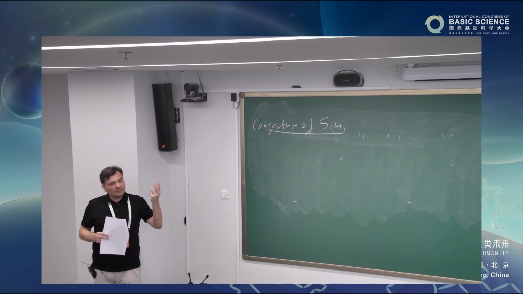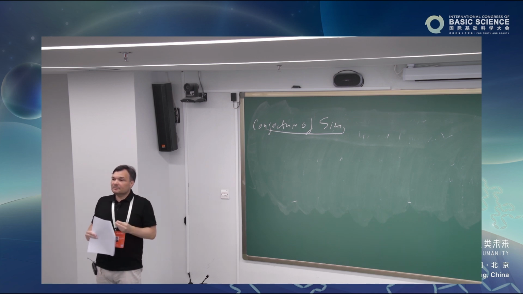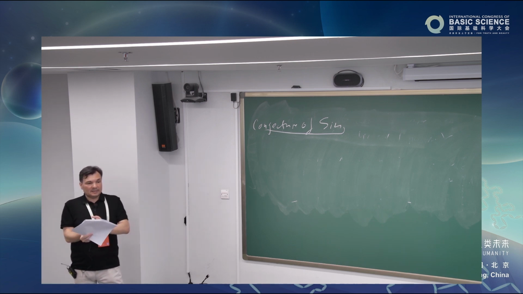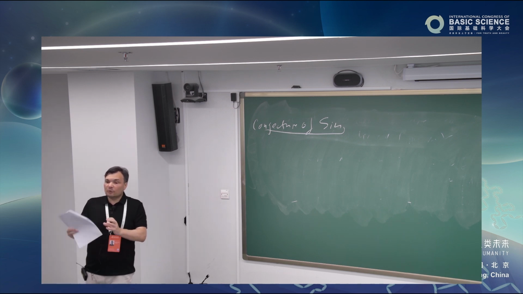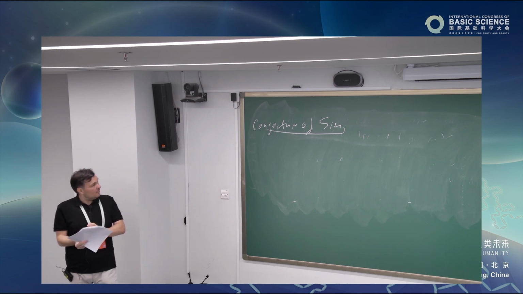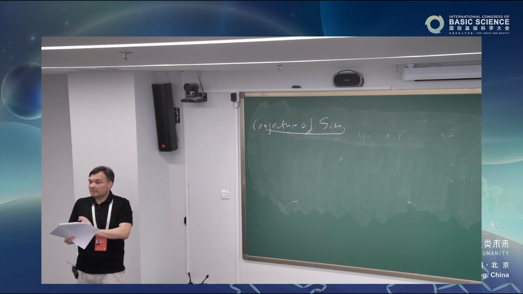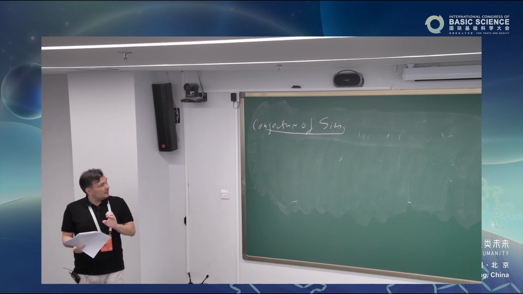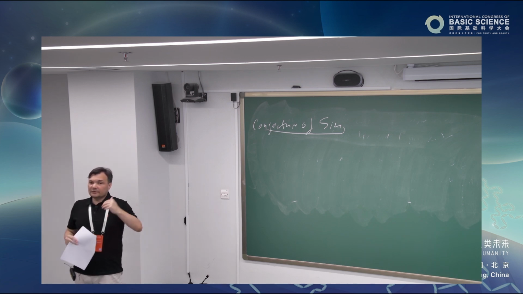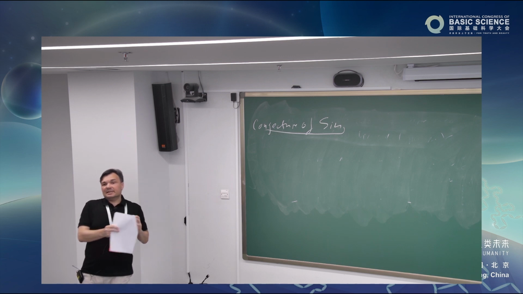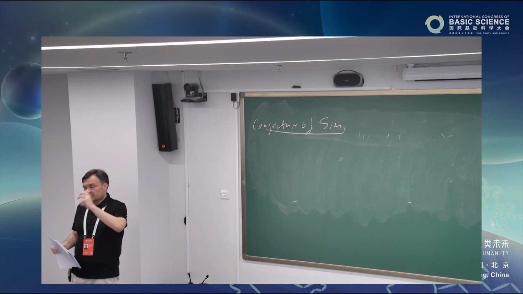In more concrete terms, Teichmüller space is a bounded domain in complex space of dimension 3g minus 3, and it has a rich group of automorphisms, which is of course isomorphic to the mapping class group. It's a discrete group acting on this bounded domain in C^n. And the question is, Bers embedding gives you one map from the Teichmüller space into complex space.